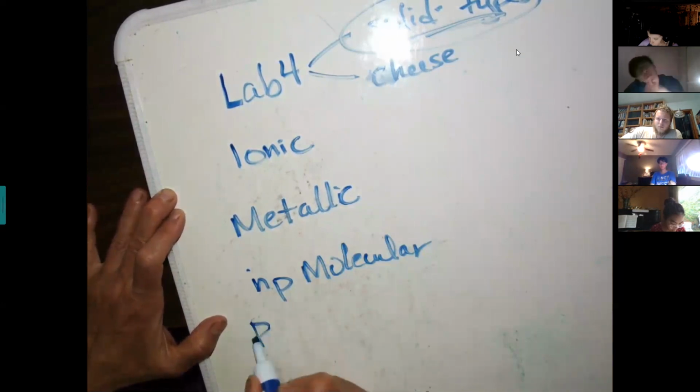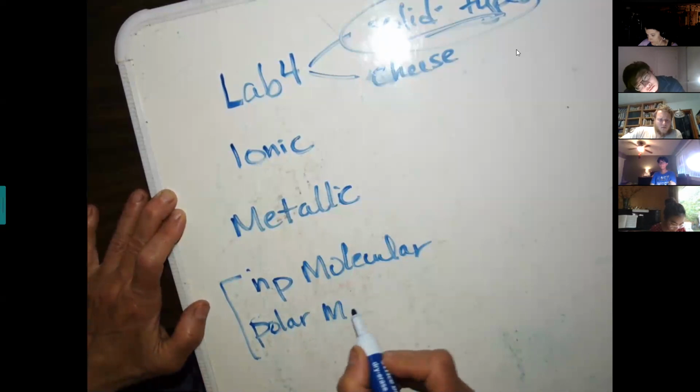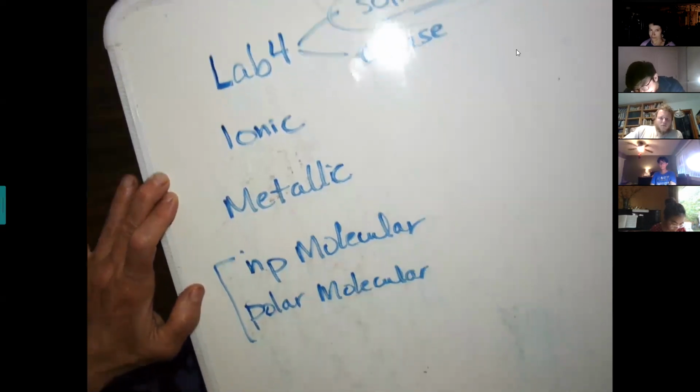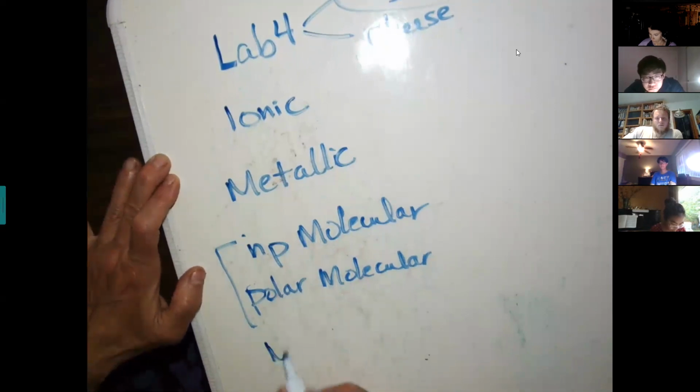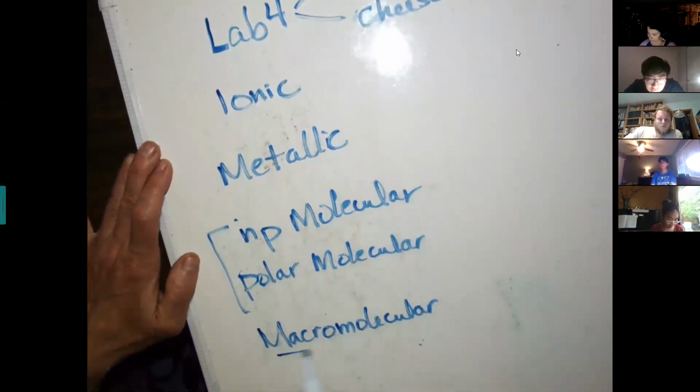You can have polar molecular. So these kind of go together, but they are separate. And then there's a last one that's really special that is called macromolecular. And macromolecular, it's all one molecule.